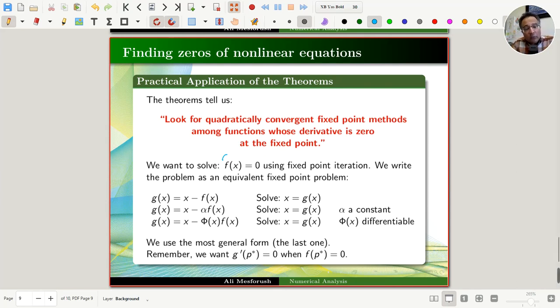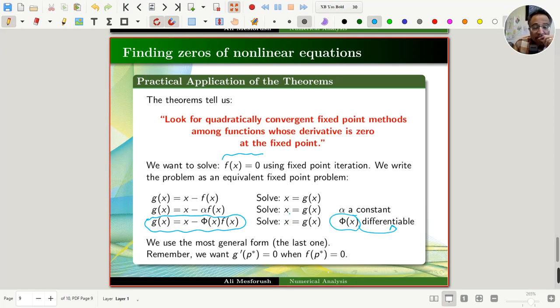We want to solve this equation f of x equal to 0, and we want to use the fixed point iteration. We know that the fixed point iteration is linearly convergent. But if we consider g of x equal to x minus phi of x times f of x, and we want to solve x equal to g of x, and we let phi of x be differentiable, in fact we can find the derivative of phi of x.